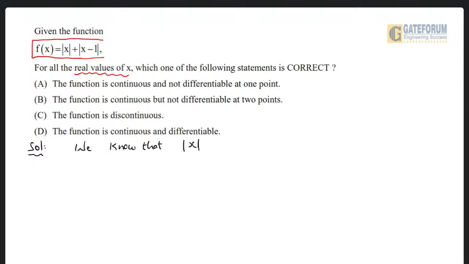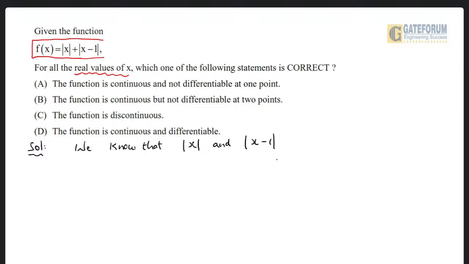If you see the graph of mod x, it is a V shape. Shifting that V shape graph passing through the origin towards the right side by 1 unit, you will be getting the mod x minus 1 graph.